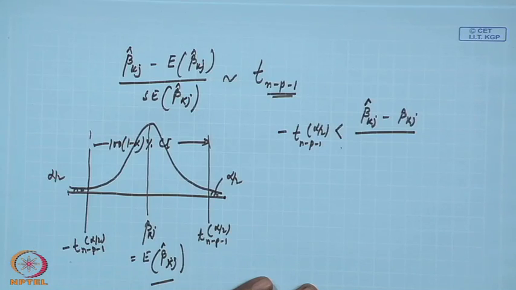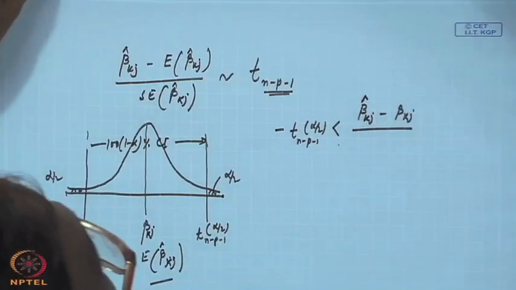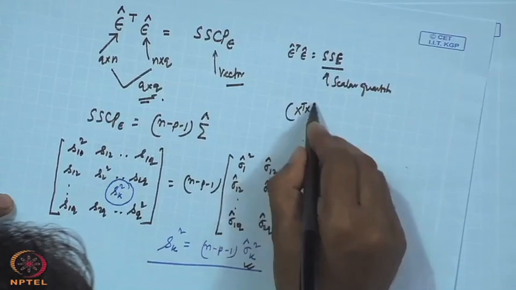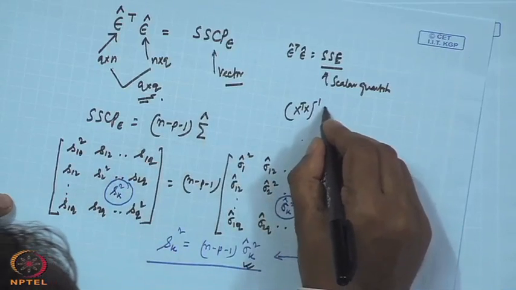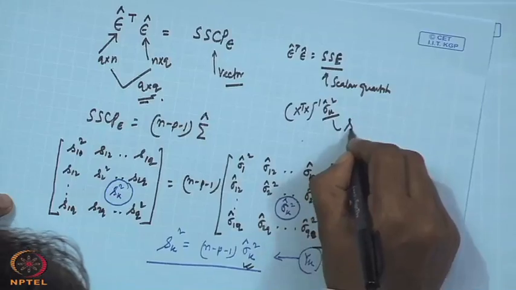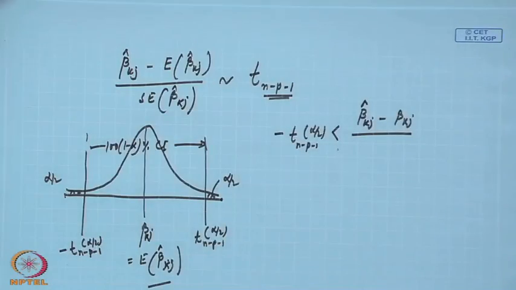Sigma_k squared is nothing but s_k squared by n minus p minus 1, correct.